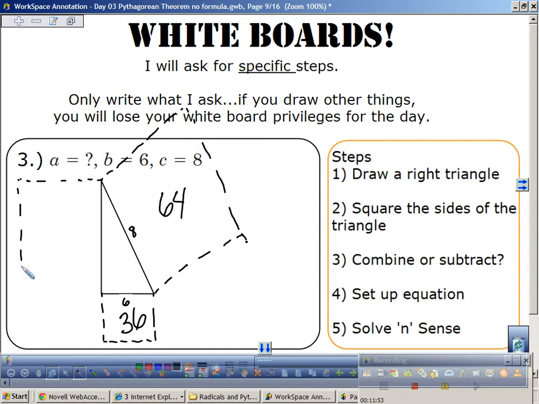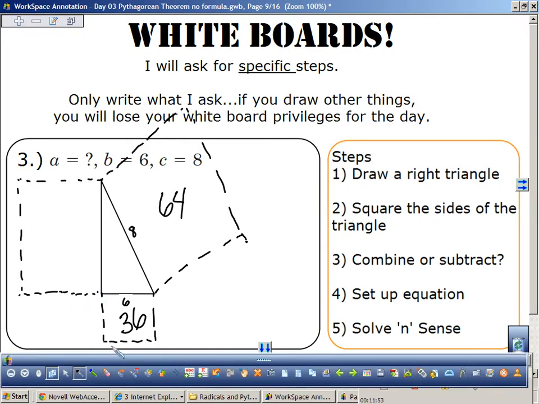So how do I find the area of this square? This plus this, guys, this is adding, right? But if I can't add them, what do I do? Subtract. What's 64 minus 36?